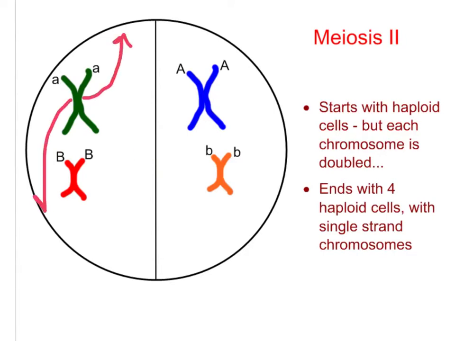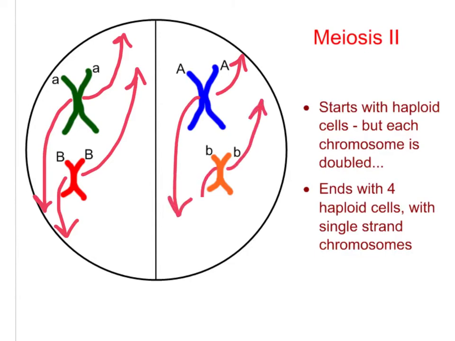We'll have one pulling this way, one pulling this way, and the same with these. If we think about it like dividing, we would end up with 1, 2, 3, 4 different cells total, 4 unique daughter cells in the end of this meiosis.